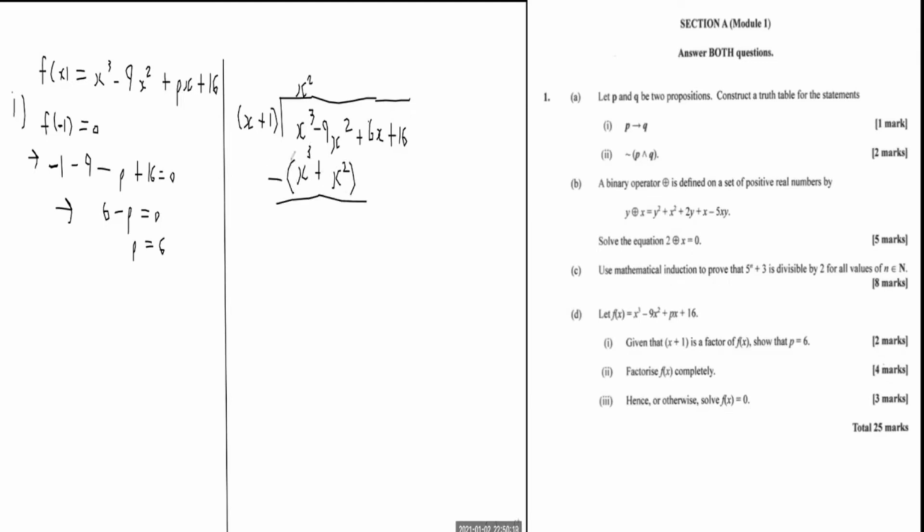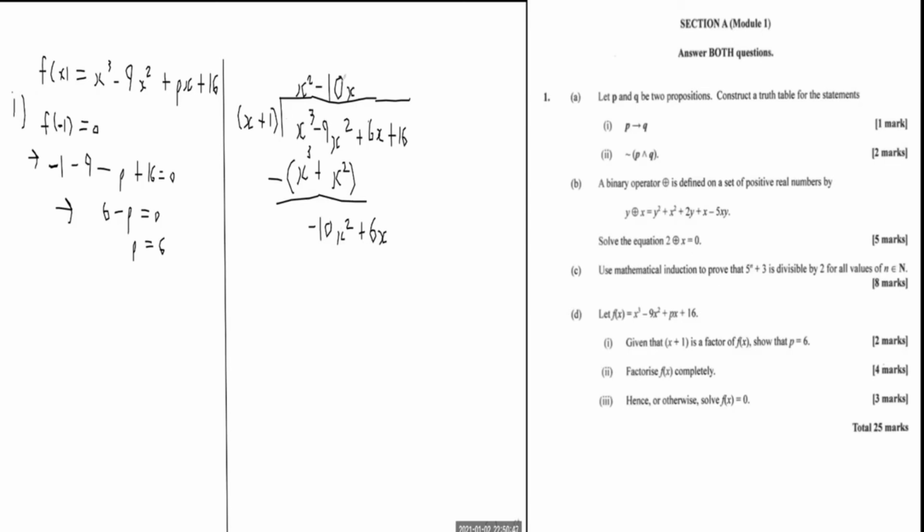After we subtract now, x cubed minus x cubed, that's gone. Minus 9x squared minus x squared becomes minus 10x squared plus 6x. Nice and easy. Then we're going to say x into minus 10x squared, that's now minus 10x.